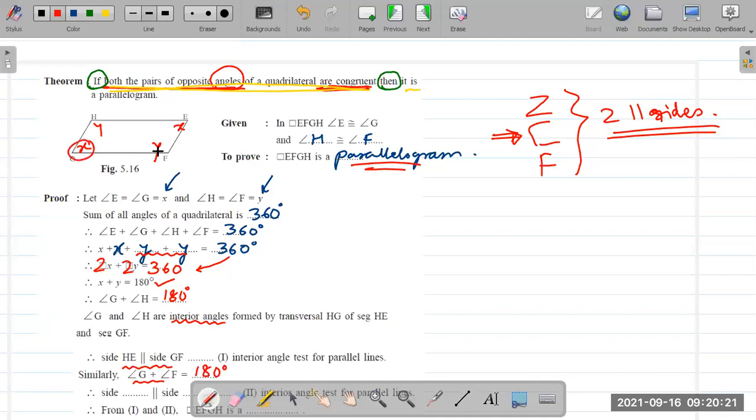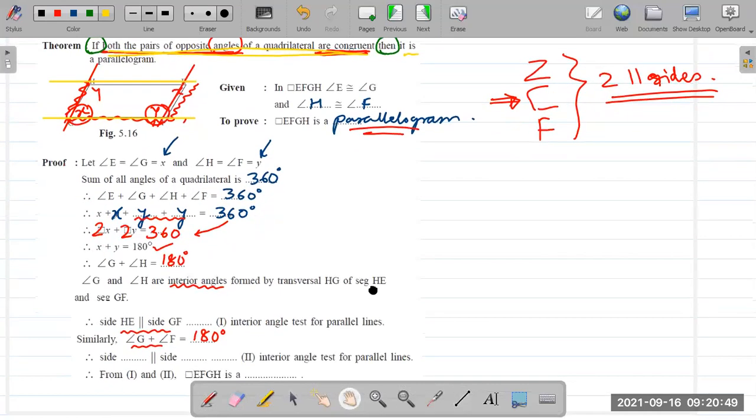Since G plus F, these two angles, form a C formation like this, do you see, students? There is a C formation. So again, they are forming interior angles. Therefore, these two lines are parallel. Earlier, we proved that these two lines are parallel. Now, we are proving the other pair is also parallel.